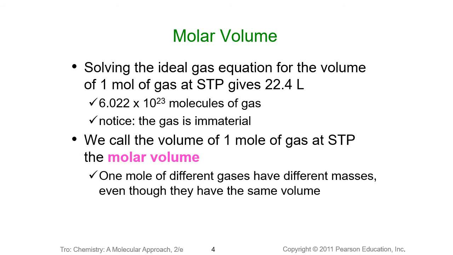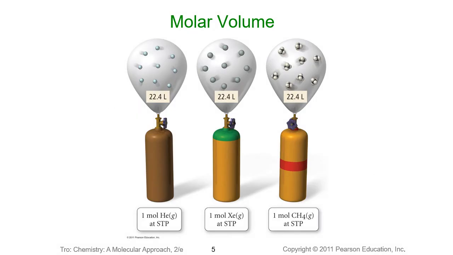Do note, though, that the masses are different. Even though 1 mole of any gas occupies the same volume, the mass will depend on the molar mass of that gas. So no matter which gas we have, whether it's helium, xenon, or methane, we're going to have the same exact volume, although the masses will depend on the molar mass off of the periodic table.